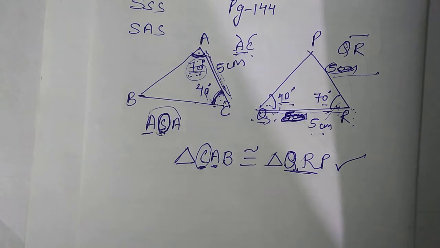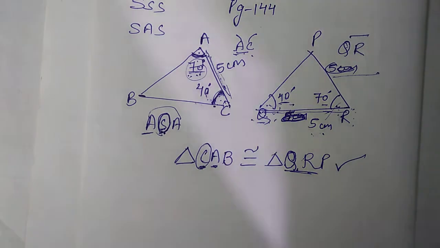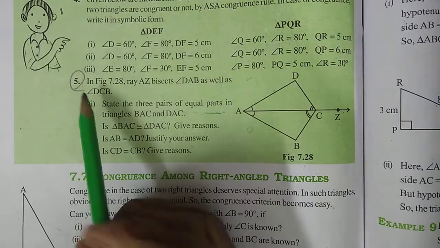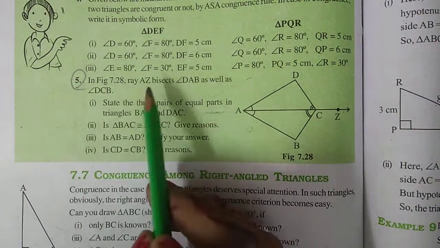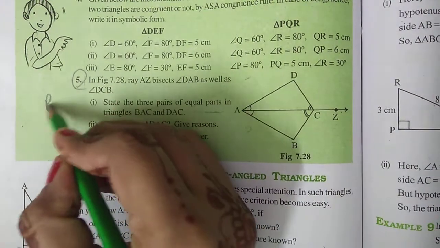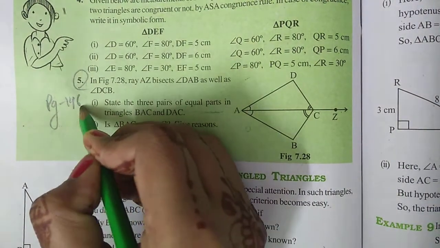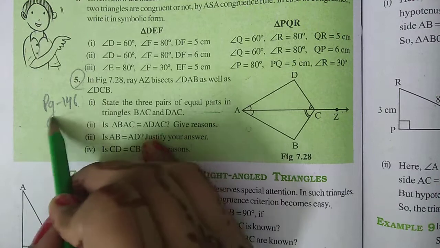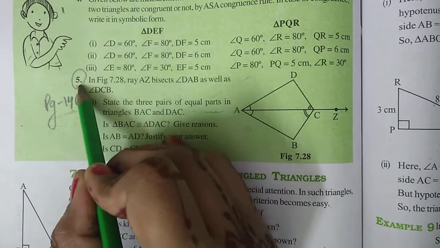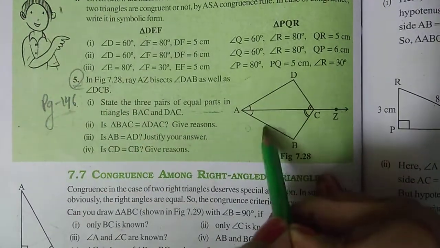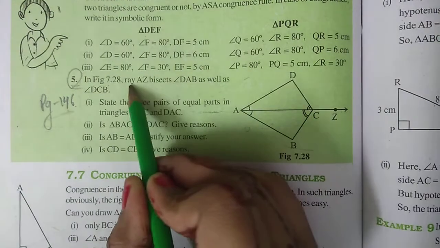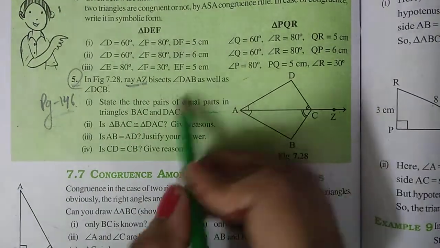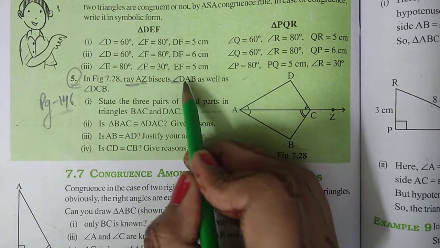Now let us discuss one question related to the ASA congruence rule. I am taking question number 5 on page number 146 of the Try These questions. In figure 7.28, ray AZ bisects angle DAB.